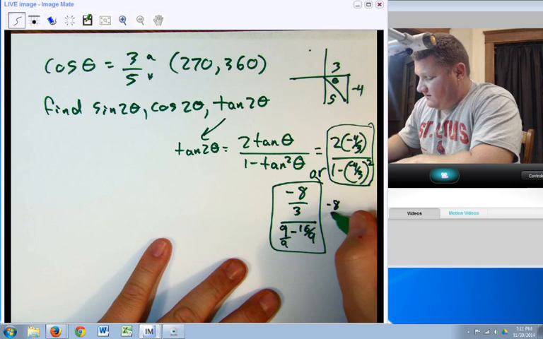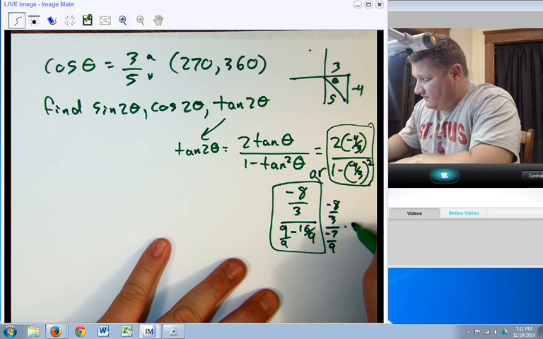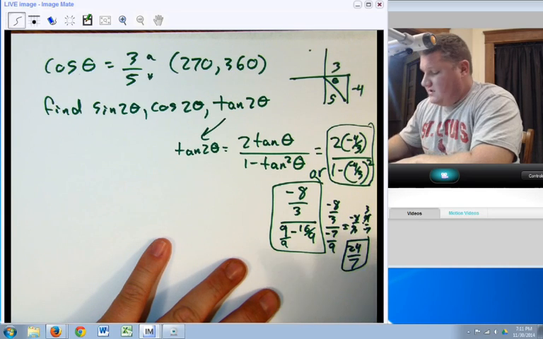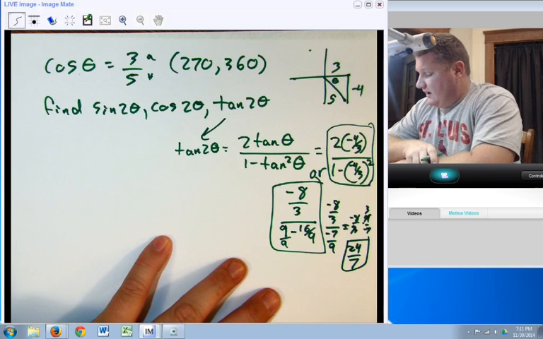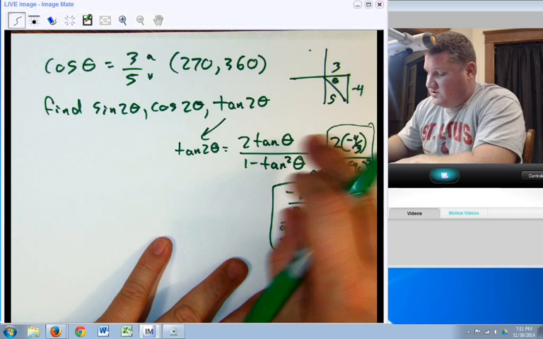So I have negative 8/3 divided by negative 7/9. So I'm going to multiply by the reciprocal, and cancel, cancel, cancel. 3, negative 24. So I got 24 over 7. There you go.